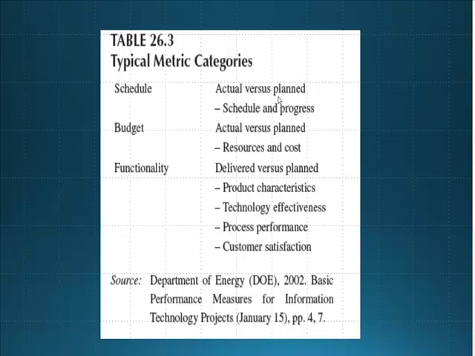We baseline our schedule, we baseline our budget for our resources, and that is what we call the plan. Based on that, we keep tracking our actual schedule and our actual budget, and we compare those two, actual versus plan. That is how you establish your project performance evaluation metrics, right?